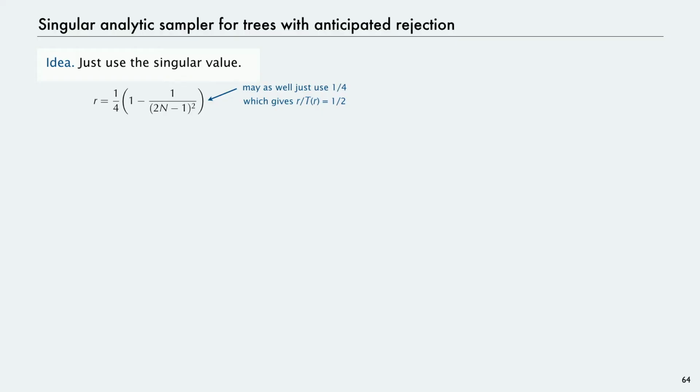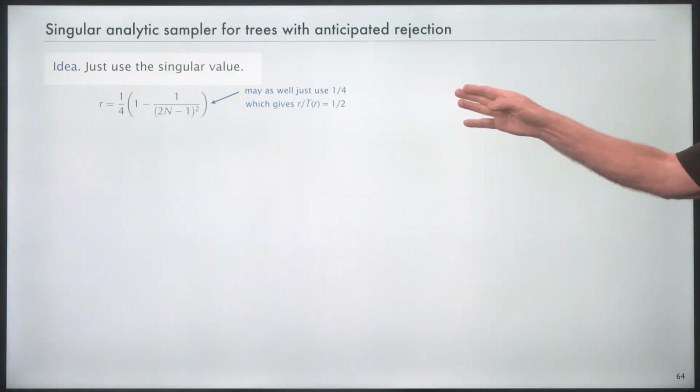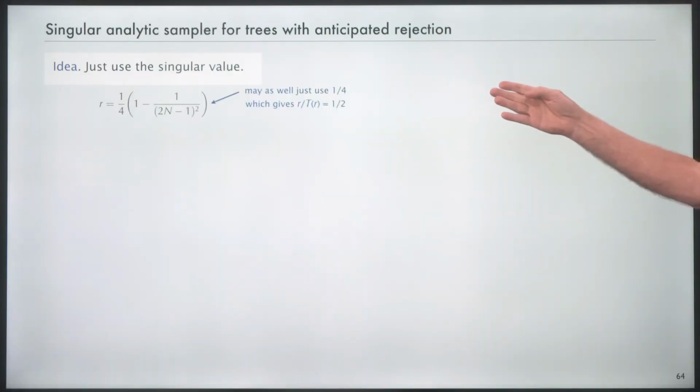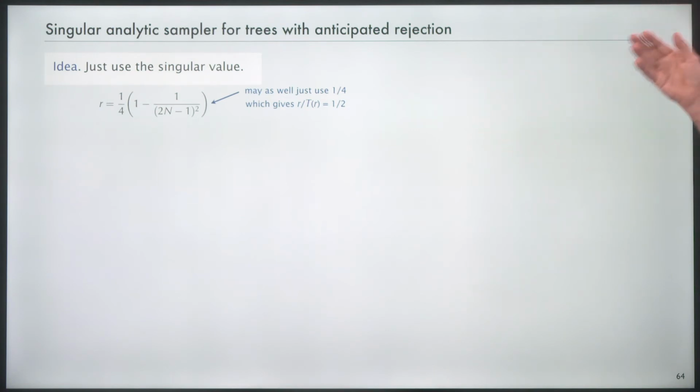So one extra idea is, well, we're going to do this rejection stuff anyway, so we don't have to be precise about the value of R that gives us exactly n. We might as well just use the singular value. In this case, we might as well just use 1/4, which gives R over T of R equals 1/2, because for very huge n, it's going to be so close to 1/4 anyway.